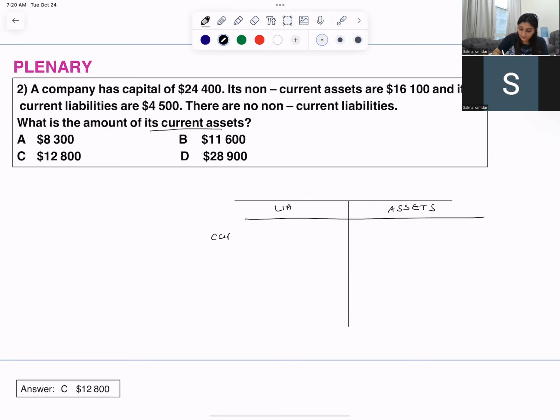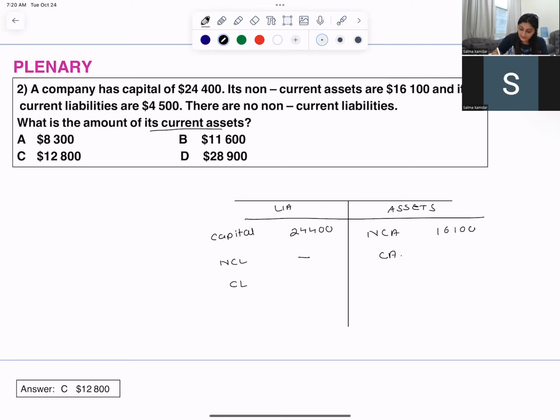Company has capital of how much? 24,400. Your non-current assets are 16,100. Here you have non-current liabilities and here you have current liabilities. Here you have current assets.